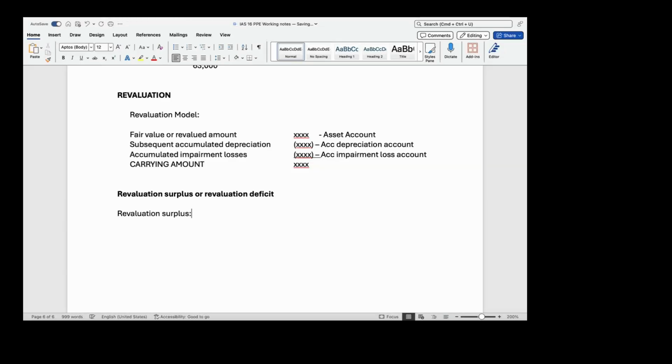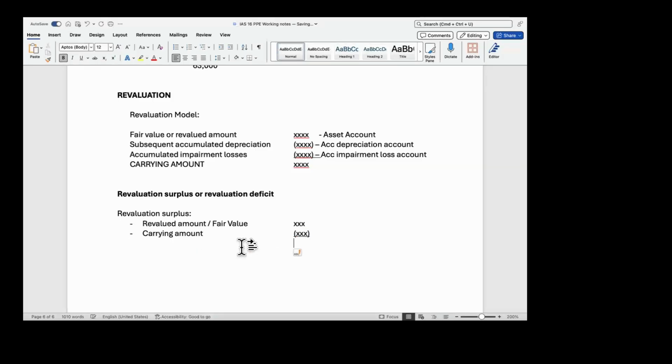If it's a revaluation surplus, this means that when you got your new value of your assets, let's call that fair value or revalued amount, it was higher than the value of the asset at the end of the year, which you find in your statement of financial position or your fixed asset schedule, which is your carrying amount.